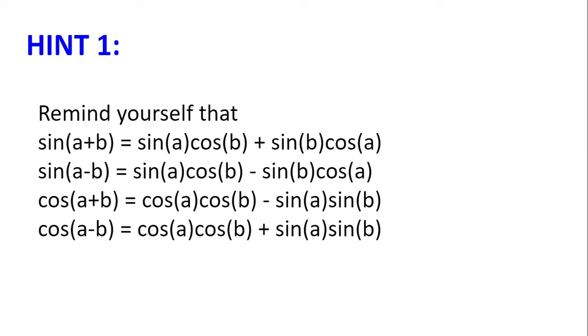Cos A plus B is cos A cos B minus sin A sin B. Cos A minus B is cos A cos B plus sin A sin B. If you've never seen them before, then don't worry, you can just skip this solution, and the first one was great as well. But nevertheless, we'll cover it anyway.